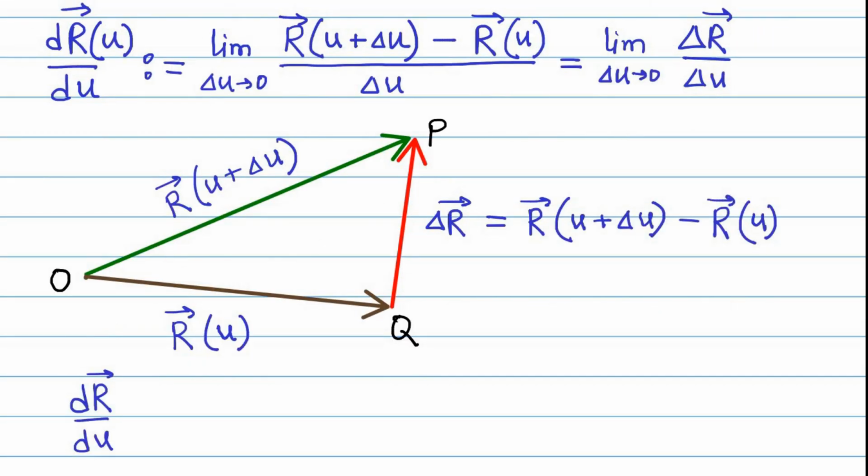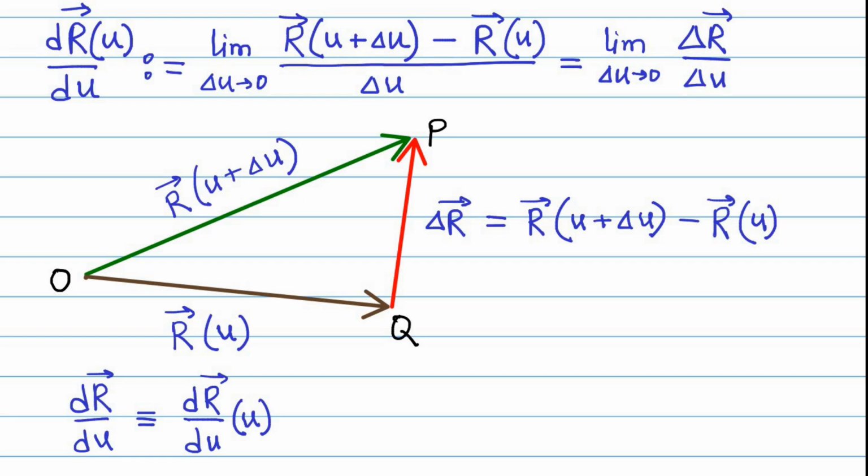Notice that the derivative of a vector-valued function with respect to its scalar argument is again another vector. In fact, it's a function of the same variable u. So you can write it as follows: dr over du, which is a function of u.